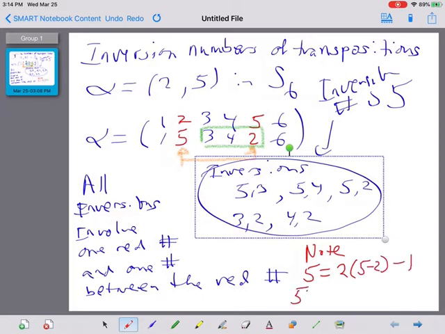In other words, 5 is equal to twice 3 minus 1. That's 6 minus 1. Where this 5 minus 2 is coming from is that that's basically the distance between these two things. You hop 1, 2, 3. And that's a pattern that we're going to investigate more carefully.